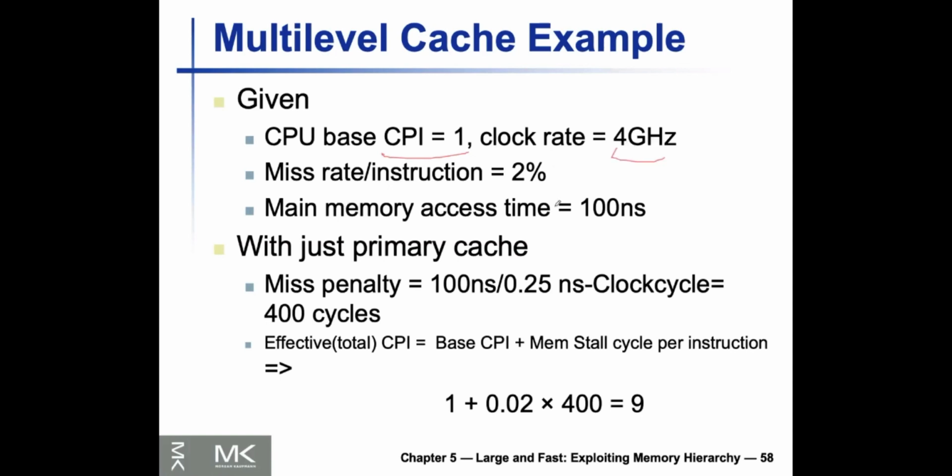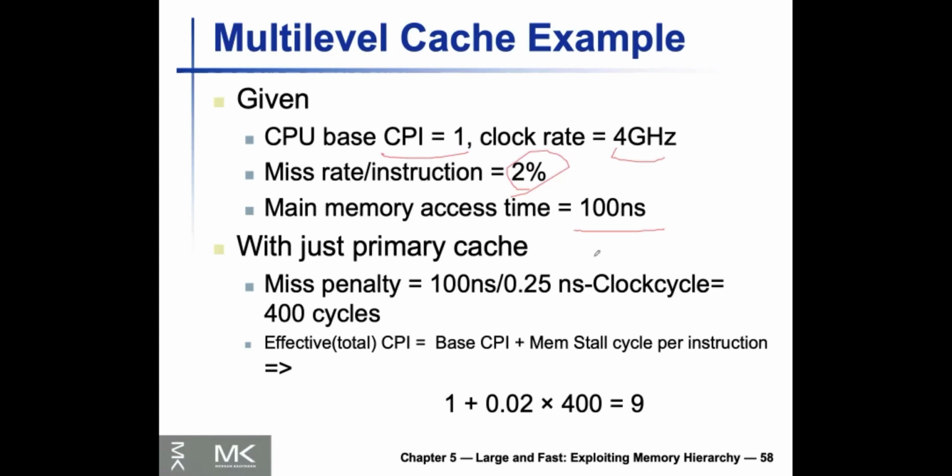The miss rate per instruction is 2%. That means 98% of the time we hit the cache. Main memory access time is 100 nanoseconds.